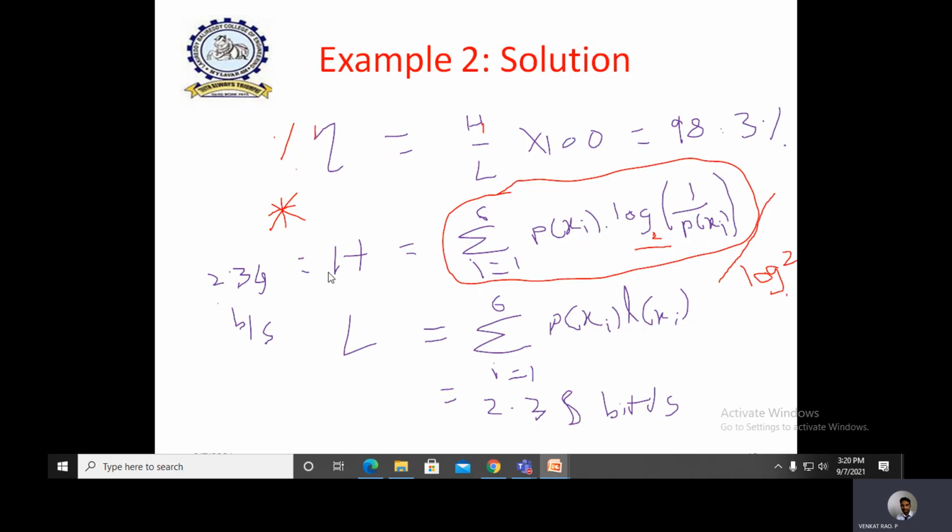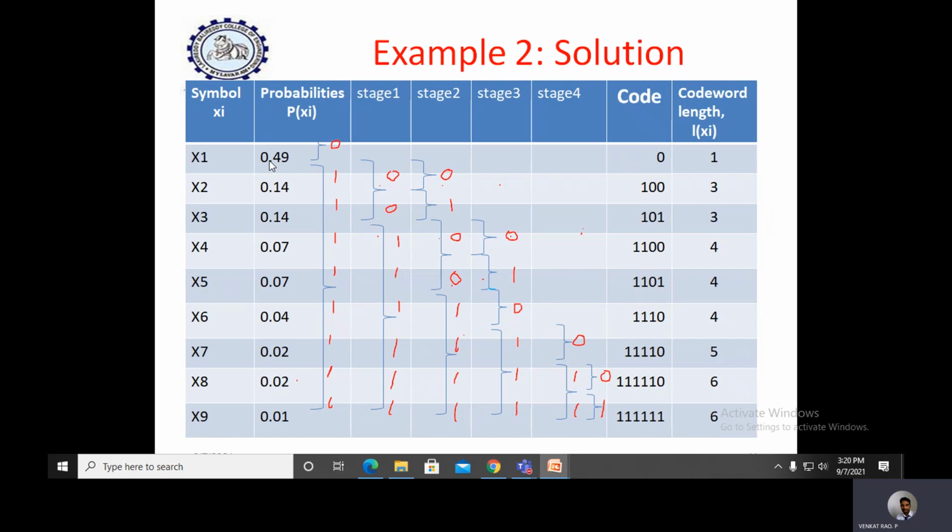Based on that, we can first calculate the entropy, that is H. Entropy is known as the average information. The formula is sigma, the summation of P of xi into log of 1 by P of xi. We know P of xi, so substitute all these values: P of x1, P of x2, P of x3, and so on.